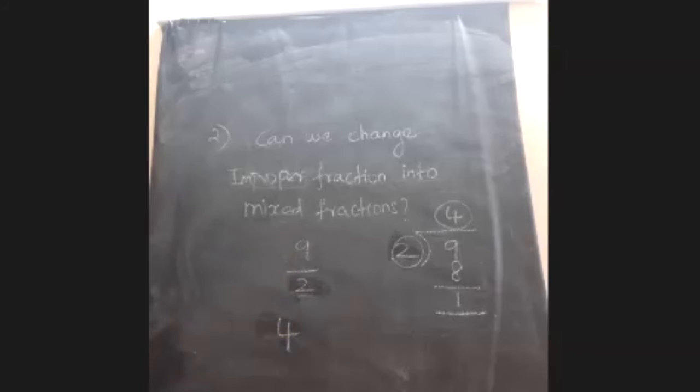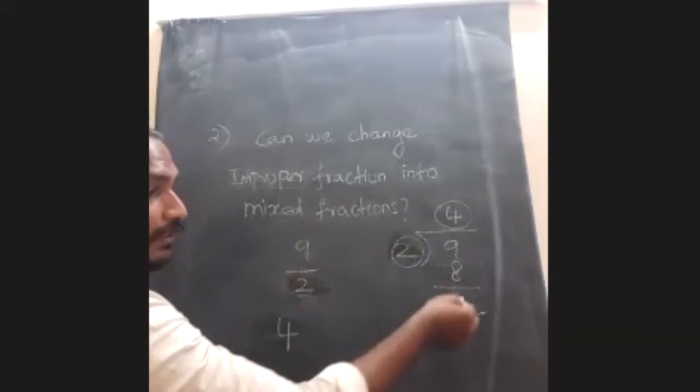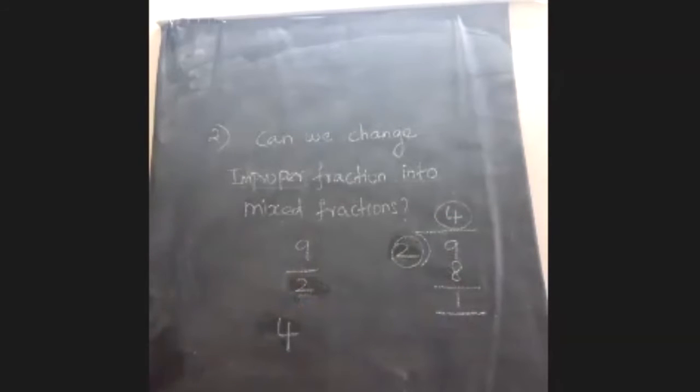Good. So all your answers are correct. This is your dividend, and this is your divisor. And this is your quotient, and this is your remainder.